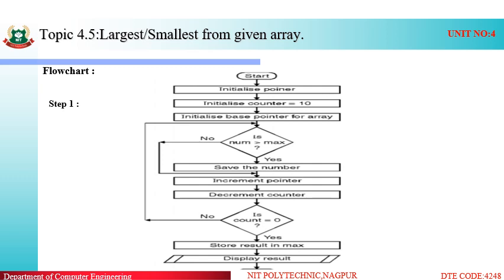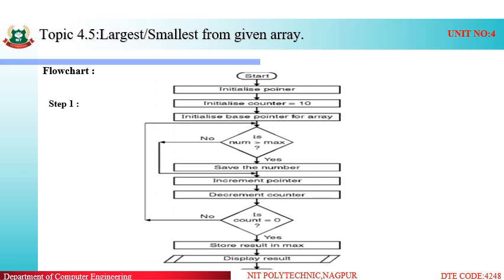So two simultaneous steps we have to take. First, we go to the next element, therefore we increment the pointer. Similarly, one element is already completed inside the total size of the array, therefore we decrement the counter. So, increment the pointer and decrement the counter.